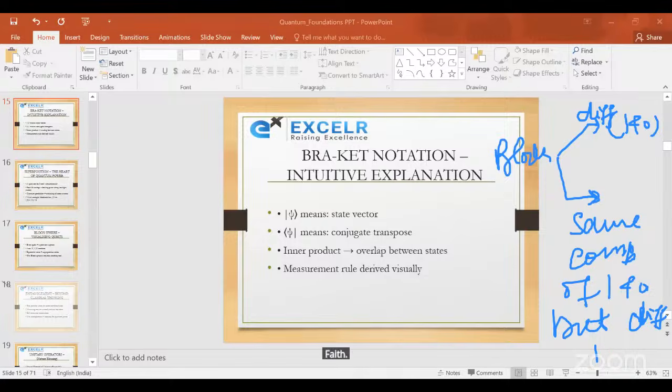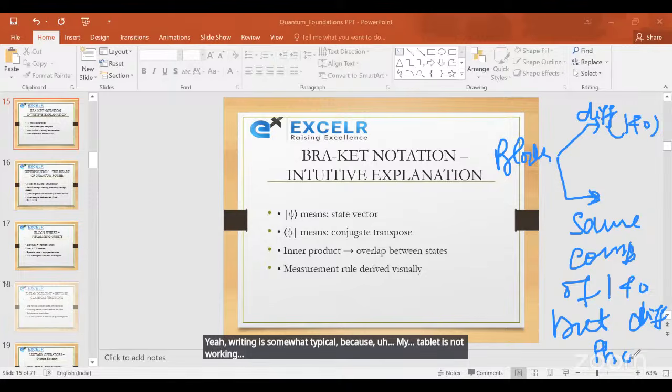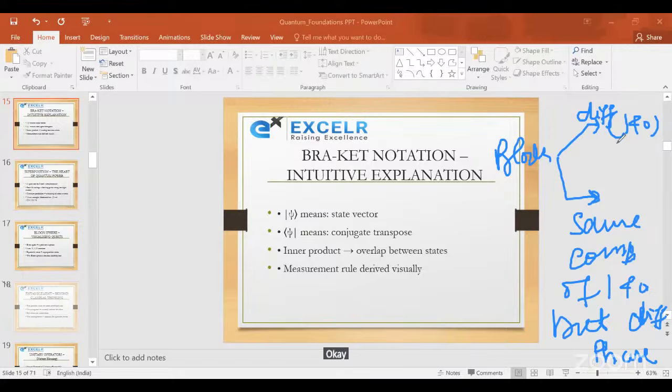Writing is somewhat difficult because my tablet is not working. So both ways we can represent in a Bloch sphere. Now I think you completely understand what a Bloch sphere is.